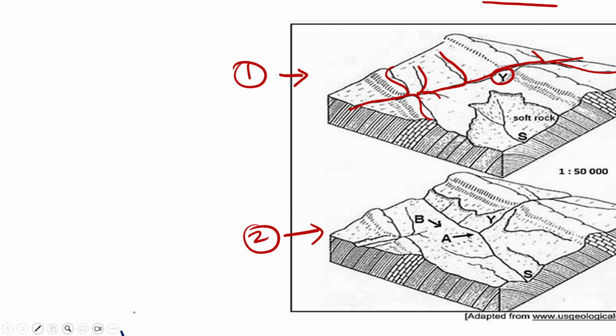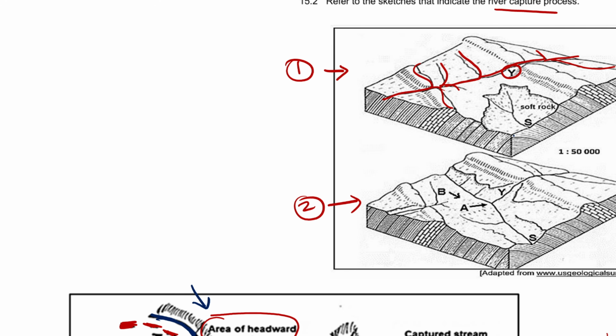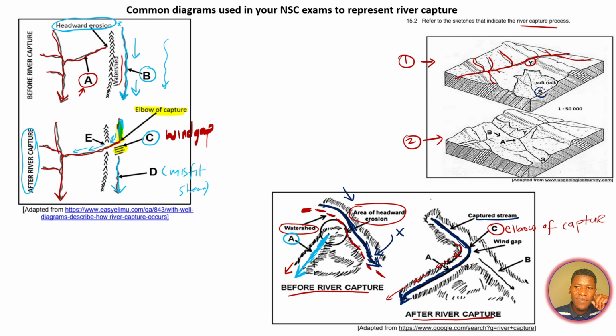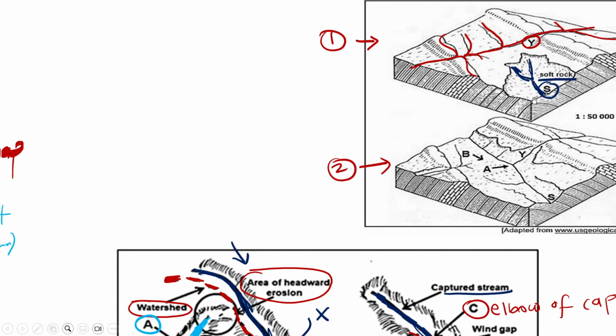And then next to it, we see another stream, which is stream S. This stream S has got two tributaries joining to form stream S. But there is a hint there. There is a keyword written: soft rock.